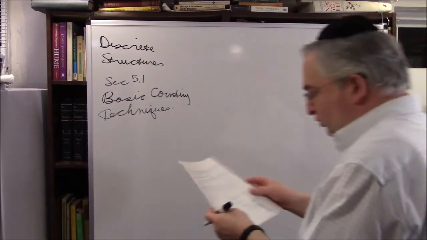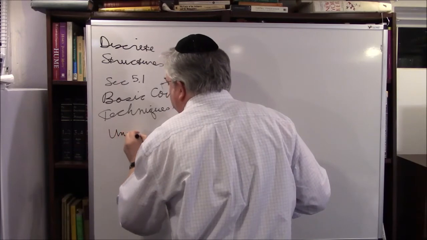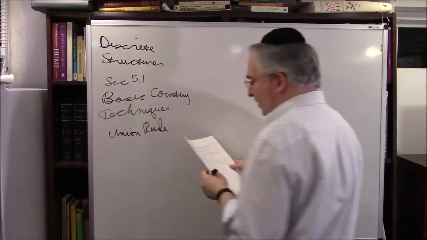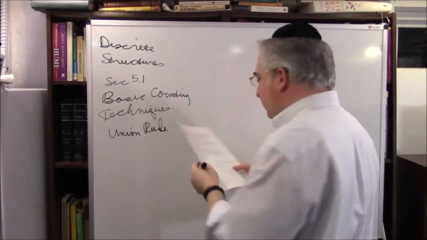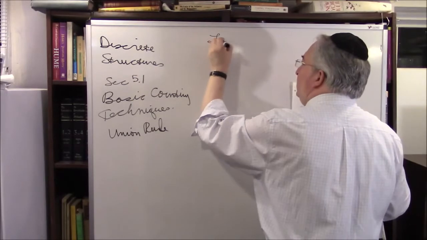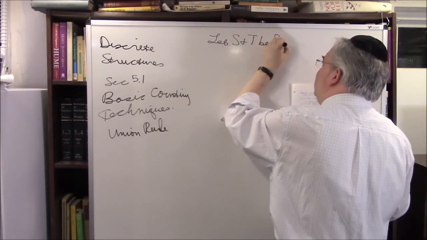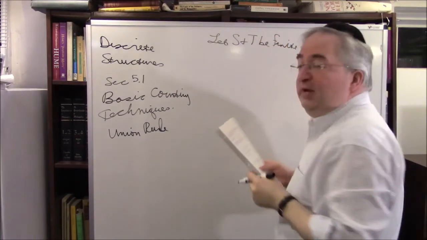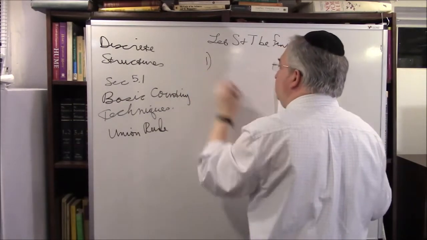Okay, so the 2 rules, one is called the union rule, and again, it's so simple, it's hard to believe that it's supposed to be said. So it goes as follows: let S and T be finite sets, and you want to count how many elements are in S and T. So we have 3 parts to the rule.